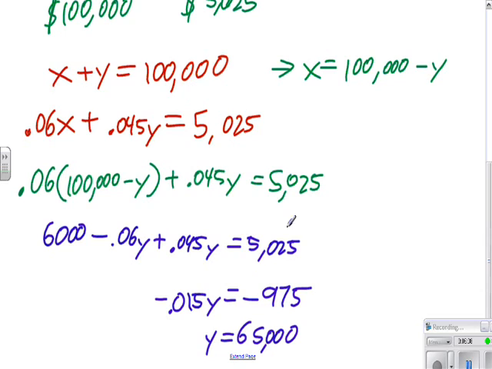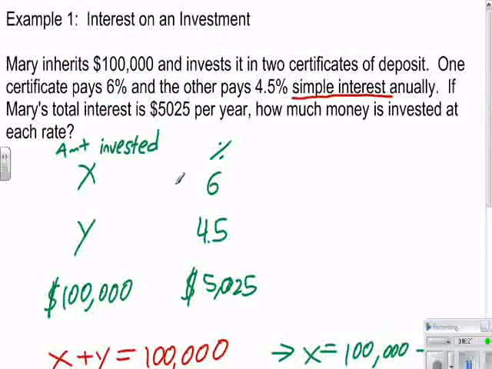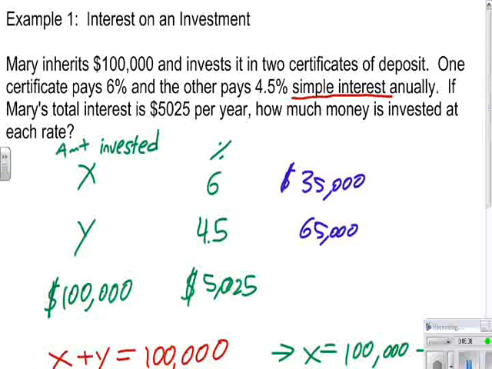Since that has to total 100,000, plugging it back into the first equation, x is 100,000 minus 65,000, which is 35,000. So we invested $35,000 at 6% interest and $65,000 at 4.5% interest.